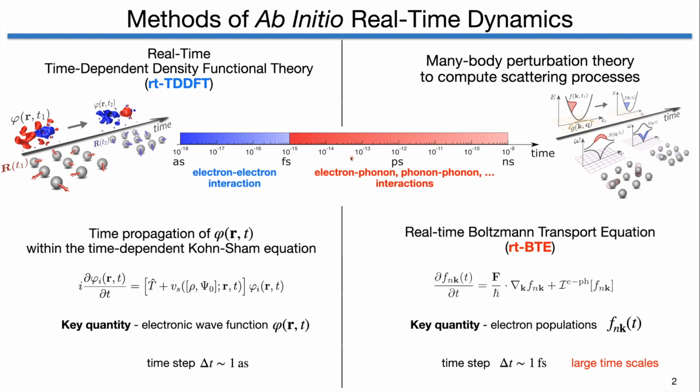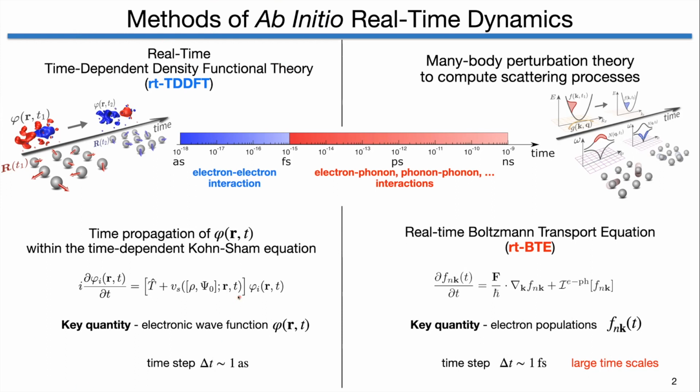So with the advances in HPC technologies, high performance computing, nowadays it's possible to perform ab initio, so parameter-free, calculations of the non-equilibrium dynamics. And usually when we talk about the non-equilibrium dynamics, especially the electron one, we consider the very established method, which is real-time time-dependent density functional theory, presented on your left.